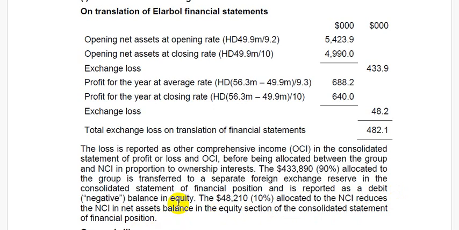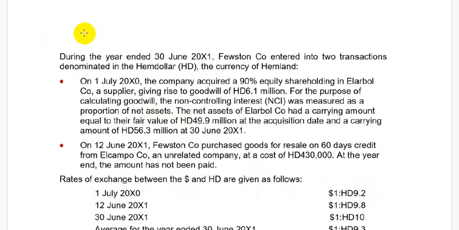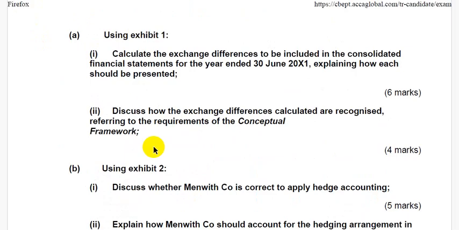So that concludes our requirement for A1. We've done the calculation and we've explained how each should be presented. Make sure you address the question. Be systematic in your answering.